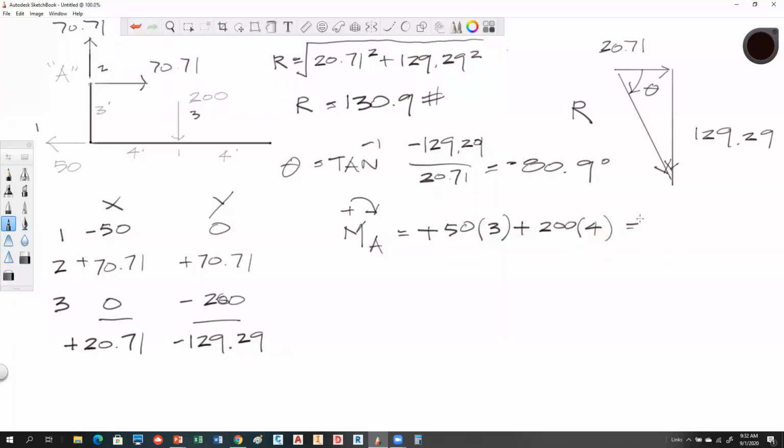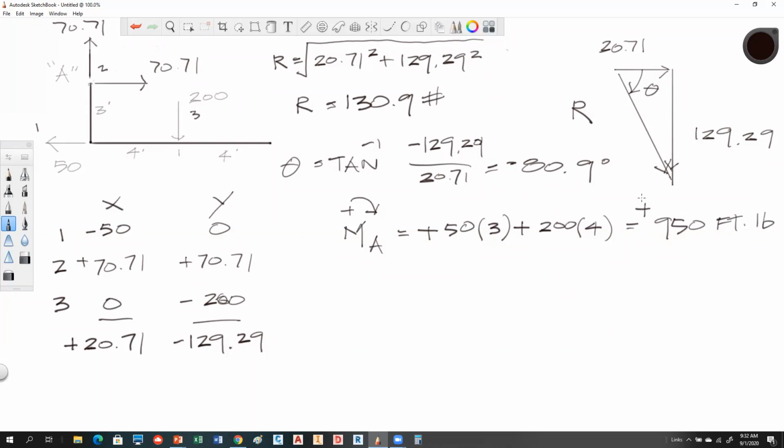So the vectors currently on that thing are inducing a moment about point A of 50 times 3 plus 200 times 4. That gives me a moment of 950 foot pounds, and it's a positive or clockwise moment.